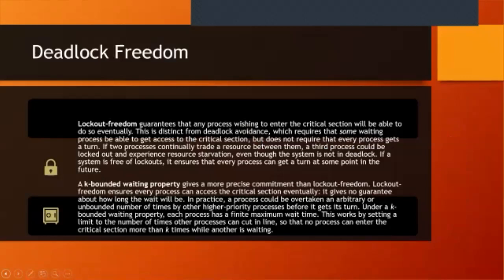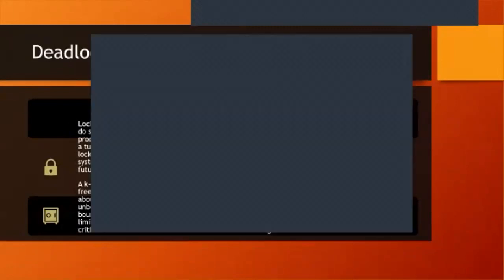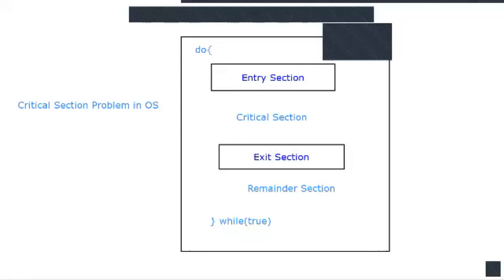These are different deadlock freedom strategies. Before looking into the strategies, I am again sharing my whiteboard with you, where we can draw the diagram of the deadlock.